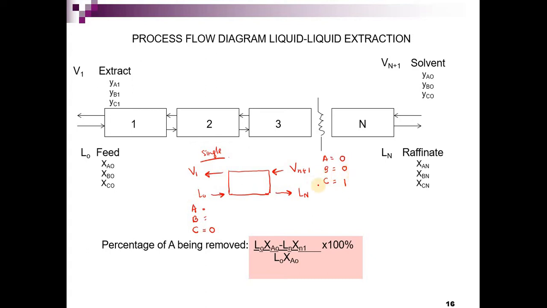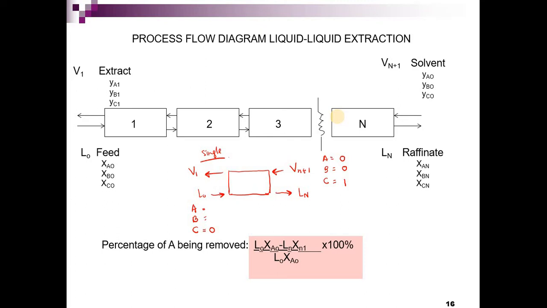Meaning that the solvent is a pure component, it has only one type of component. Even though we know the solvent is pure and doesn't have A and B, we also consider A and B, but we put 0.